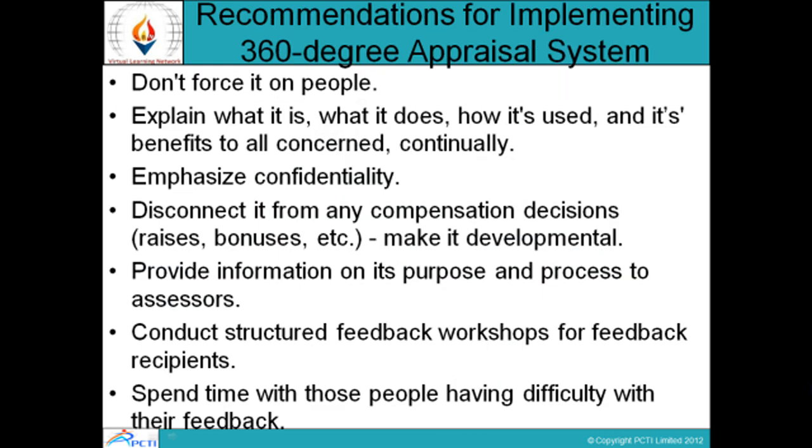Now, what are the recommendations for implementing the 360-degree appraisal form? The very first recommendation is don't force it on people. Give them the freedom to fill it in on their own. Forcing leads to a forced-choice method, and there is a chance that the feedback may not be correct.